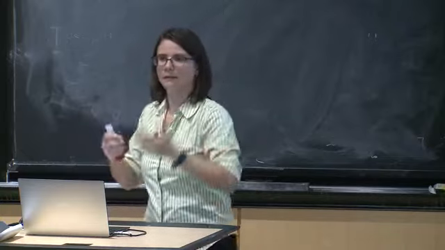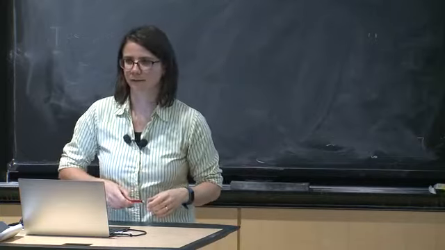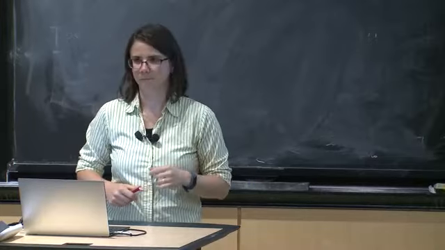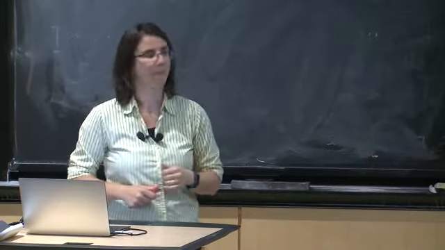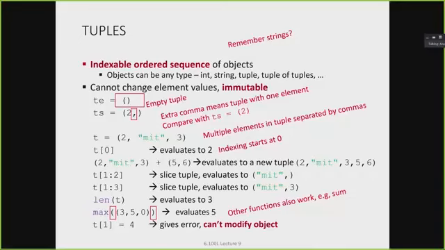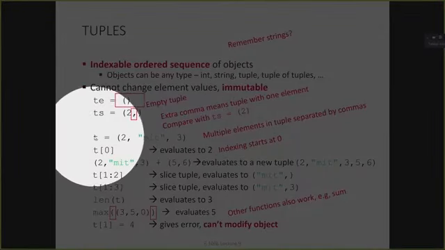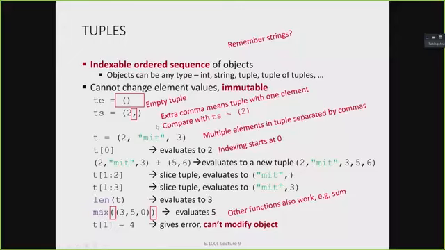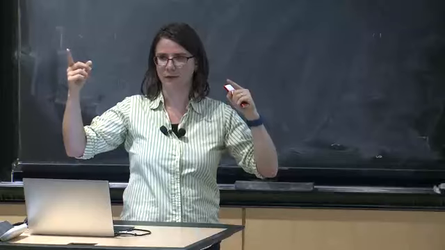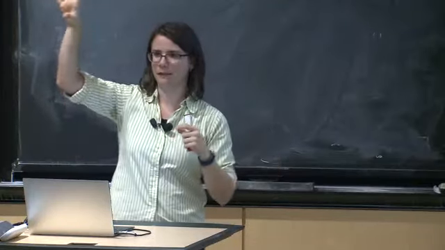So, yeah? I have a question. So, like, if you just rewrote, like, t equals and then wrote something different, it would give you an error? If you wrote t equals and then something different? So, yeah, you can't modify one thing. That's a good question. So the variable t, so the name t, and the object it's bound to are two different things. So the object it's bound to will still sit in memory.